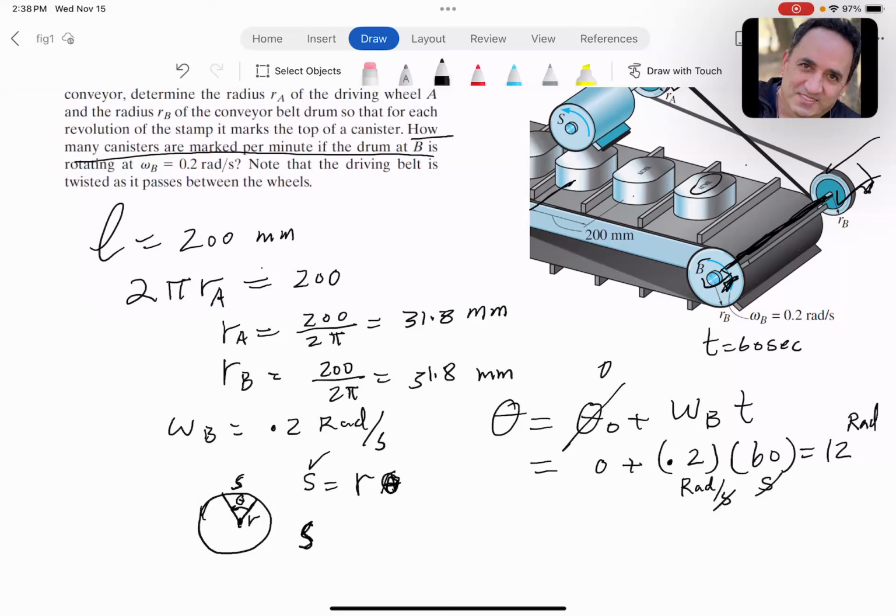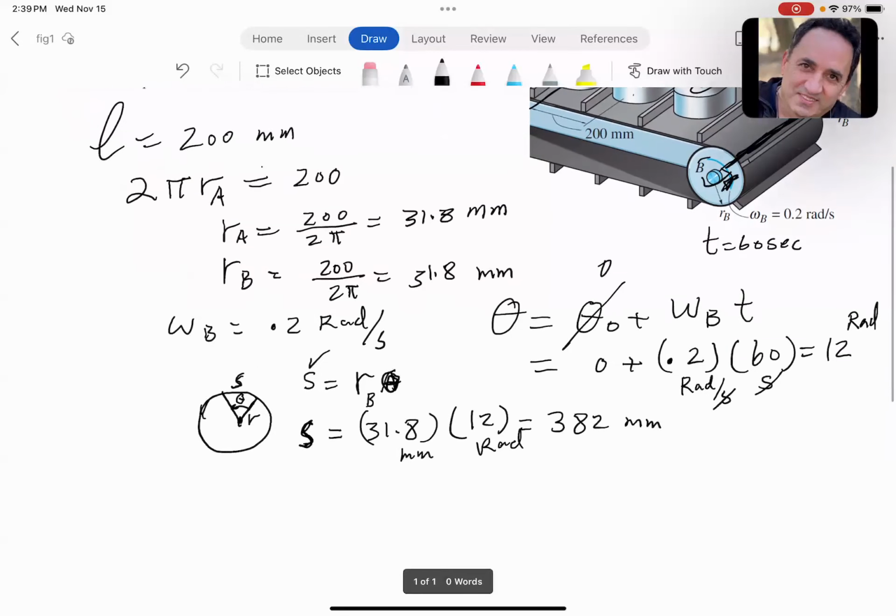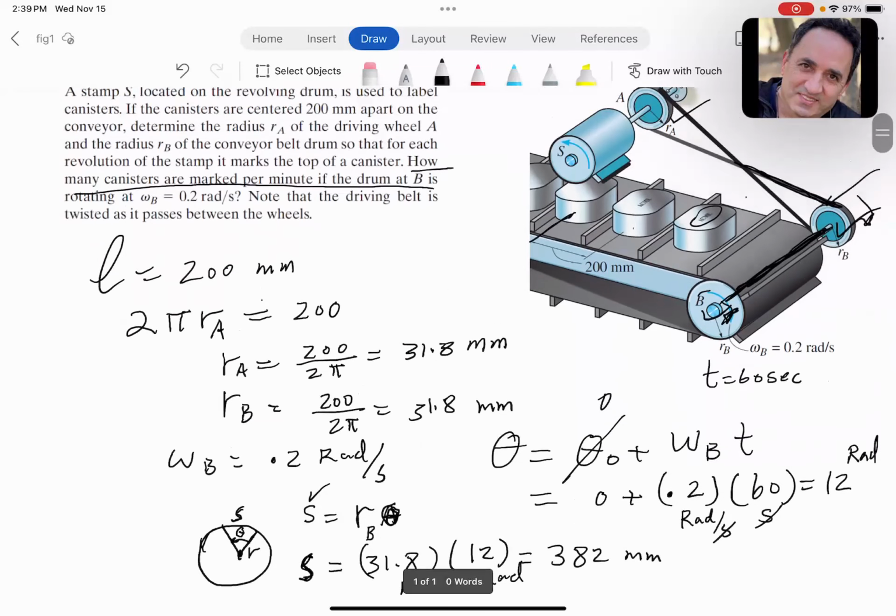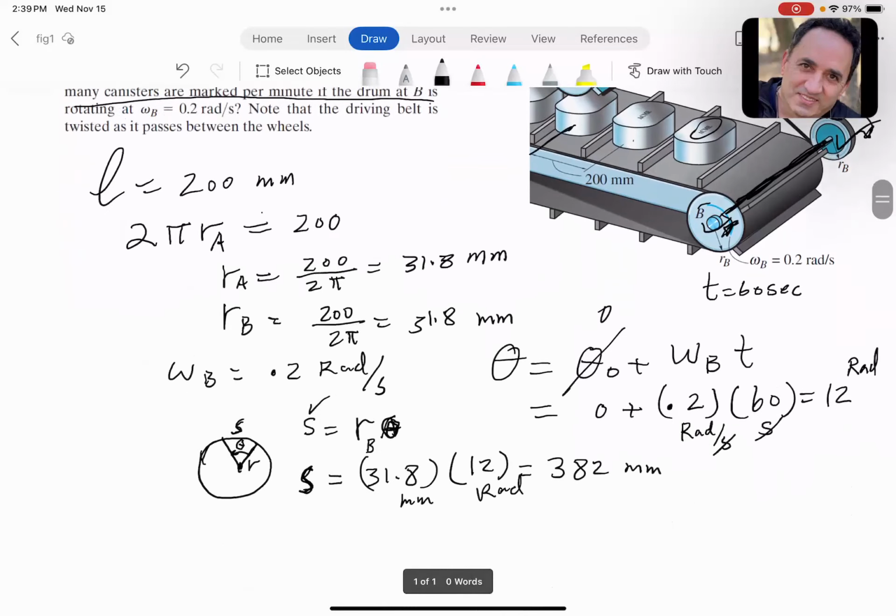S, which is related to that 200 millimeters eventually, is equal to RB, which is 31.8 millimeters times 12 radians. So that comes out to be 382 millimeters, in millimeters and radians. So in 1 minute, this wheel is going to go through 382 millimeters, which is translated to A, which is moving this drum.